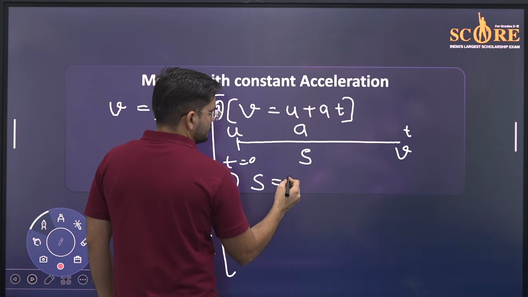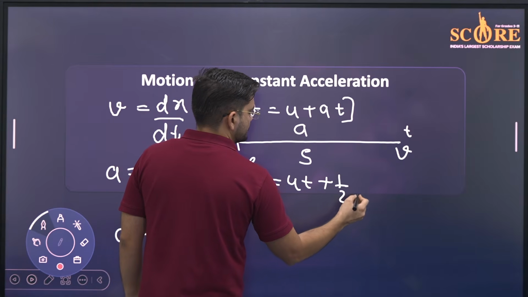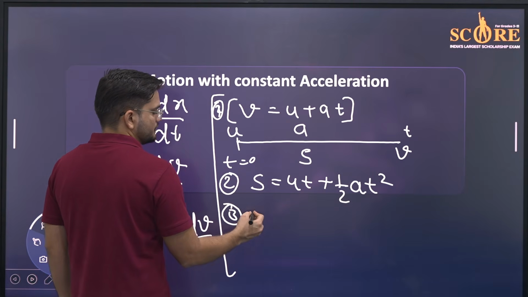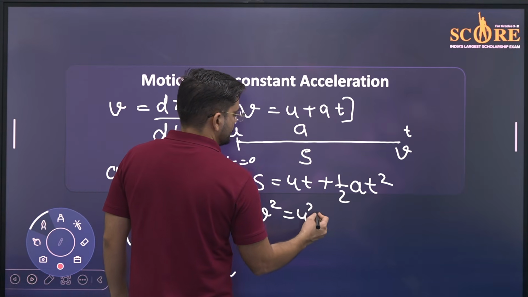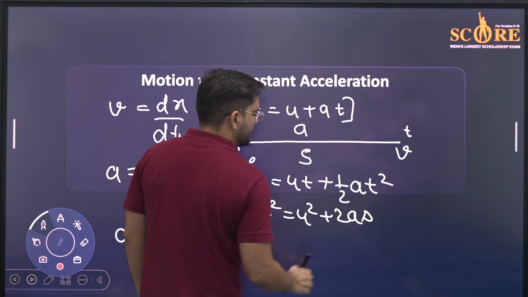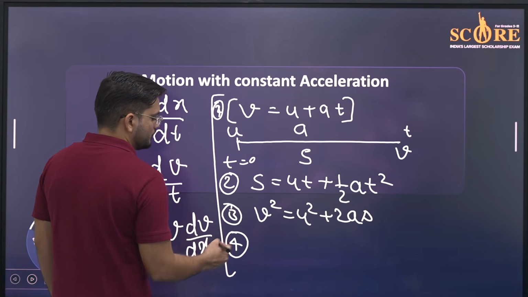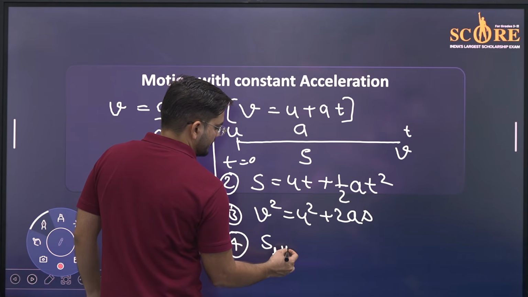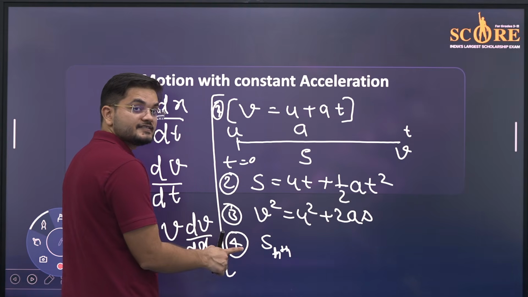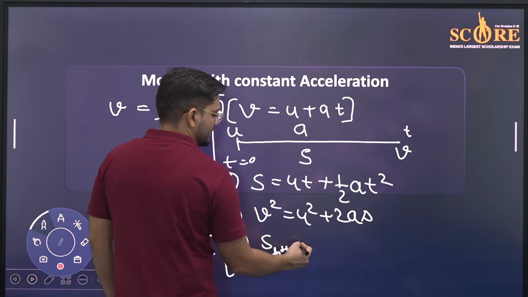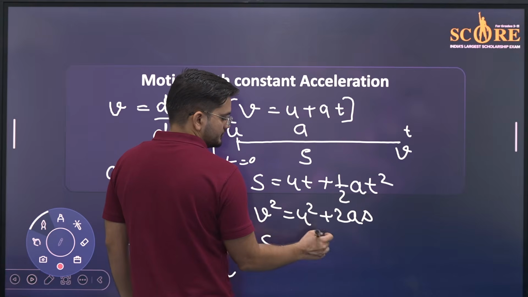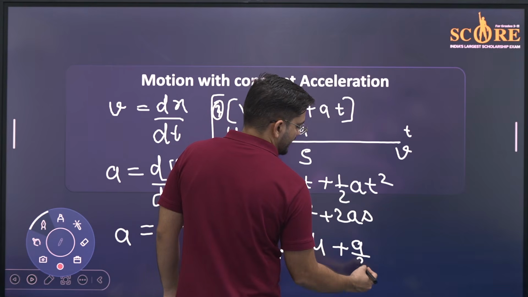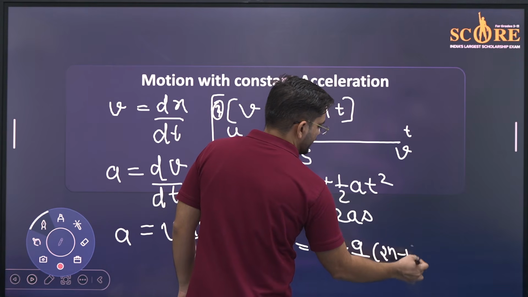And the second equation which should be remembered, s is equal to ut plus half a t square. Third equation, v square is equal to u square plus 2as, and the fourth is s nth. What is s nth? Displacement in nth second is defined by u plus a by 2 into 2n minus 1.